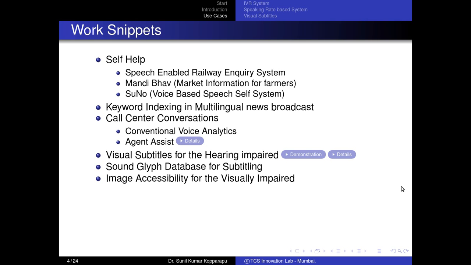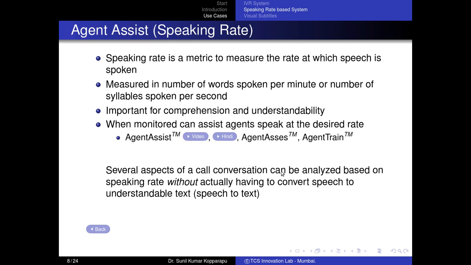Agent Assist is a mechanism that was built by the TCS Innovations Lab Mumbai specifically for the Indian context. For example, the call centers in India need agents in India to speak to customers abroad. One of the main reasons for customer dissatisfaction is the speed at which the agents in India speak.